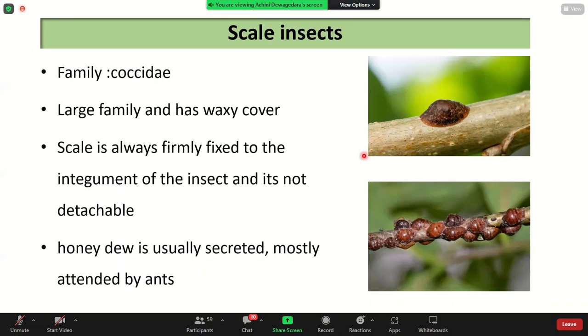And these scale insects belong to family Coccidae, and it's a very large family, and they have a waxy hard cover, right? They are tightly attached, firmly fixed to the stem, and not easily removable, right? They also release honeydews, and ants are also coming to consume them.